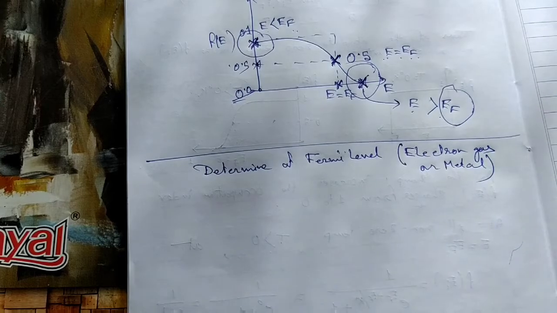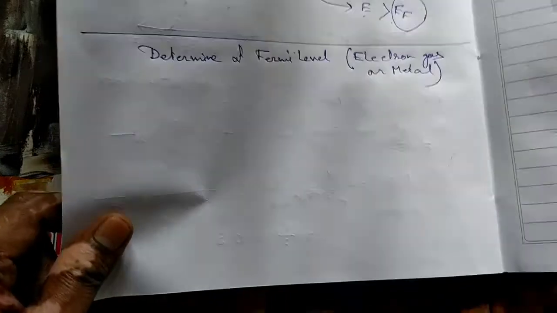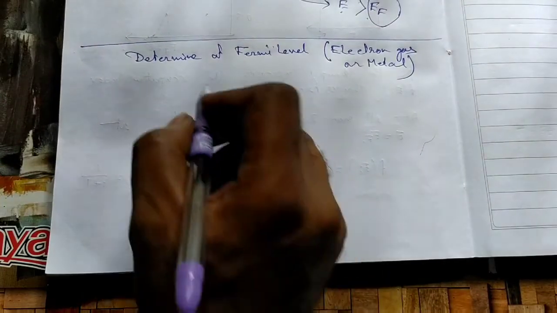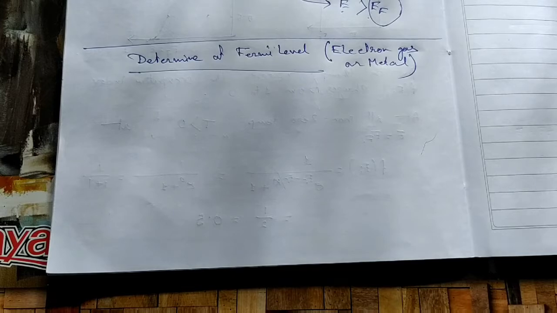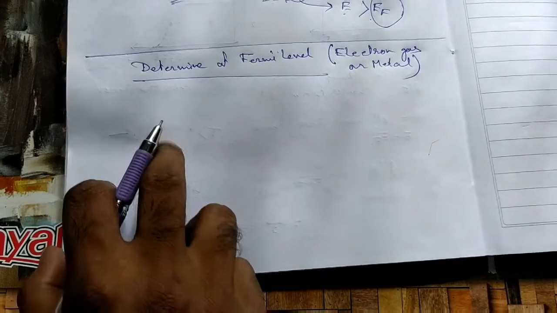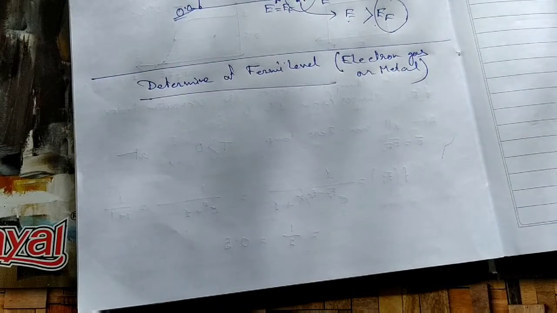Why electron gas and metal? Because in a metal, we all know that the free electrons are easily available. That's why such a type of system we consider as a system full of electron gas, and the electrons are represented as gas particles in that system.